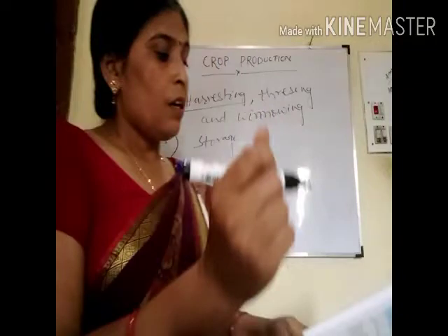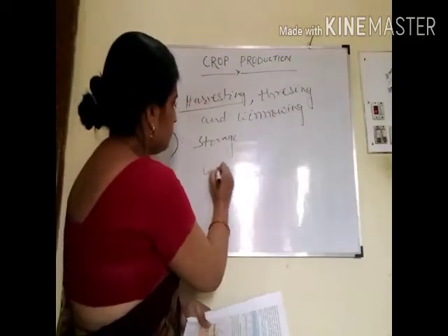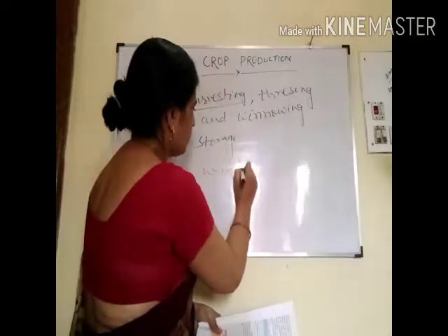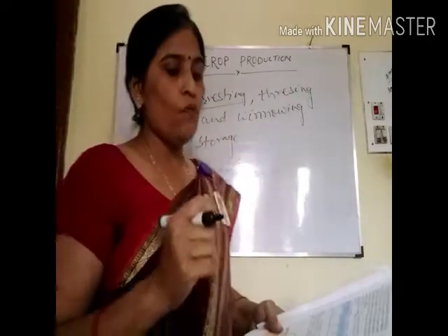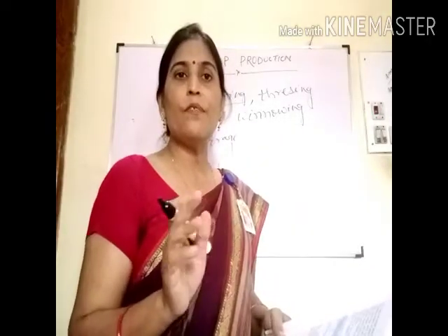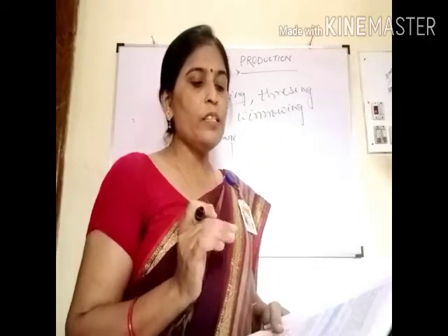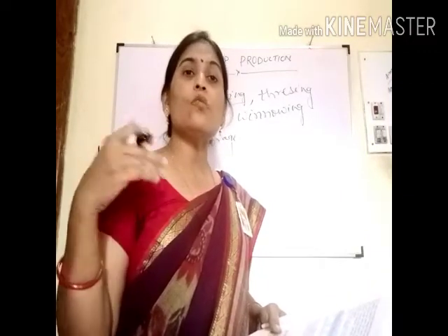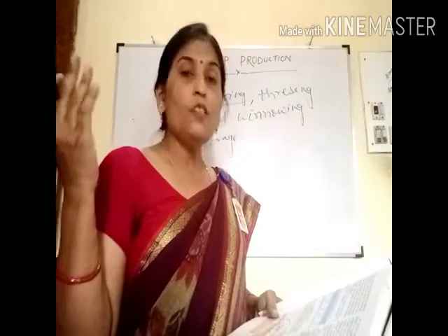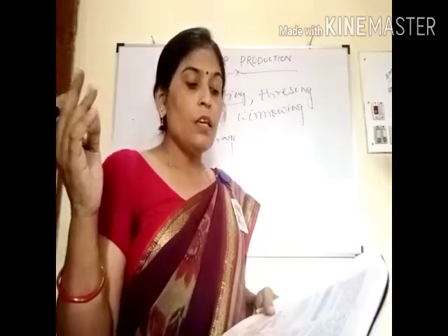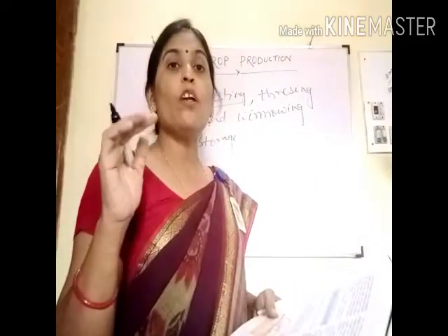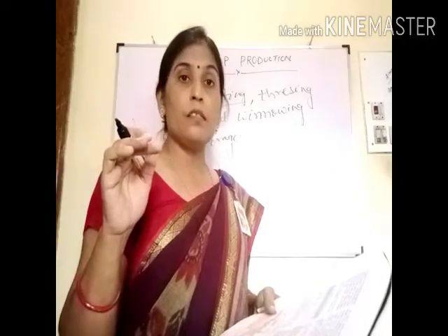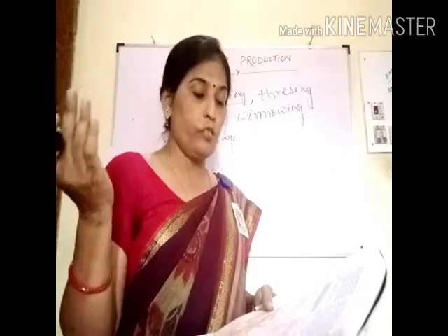Like in wheat, the production of wheat in 1950-51 was 6.8 million tons, and it increased several folds to 78.4 million tons in 2007-08.